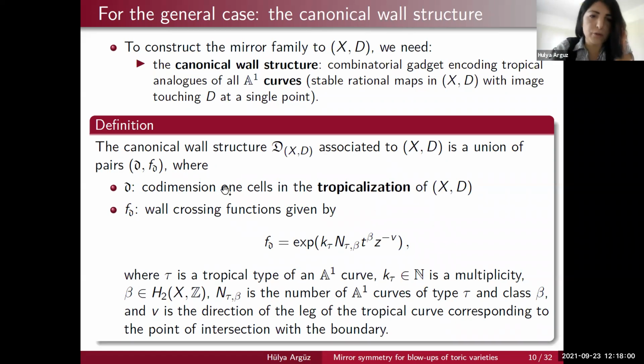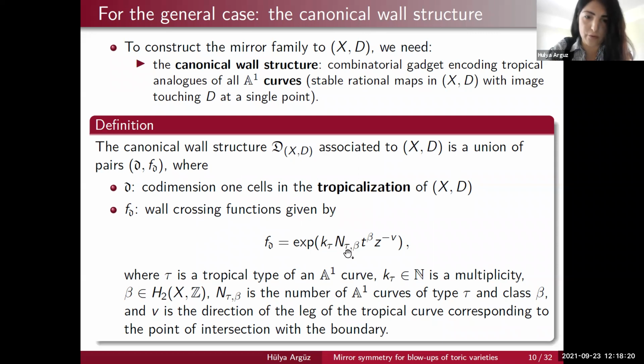And each codimension one cone is endowed with a wall crossing function given by this formula. X of k tau is some multiplicity constant coming purely from computing combinatorially, by looking at lattice indices. This is a Gromov-Witten type invariant. This counts all A1 curves.